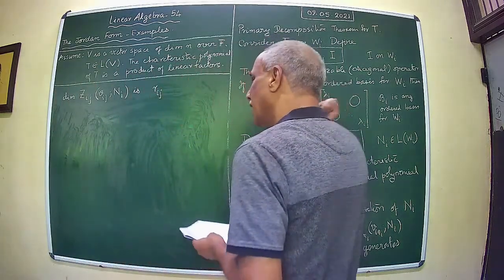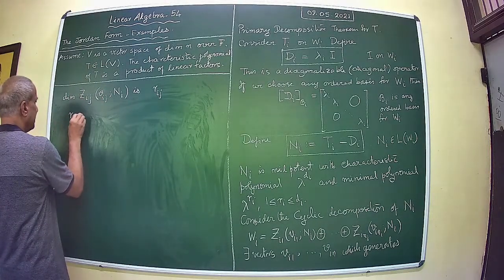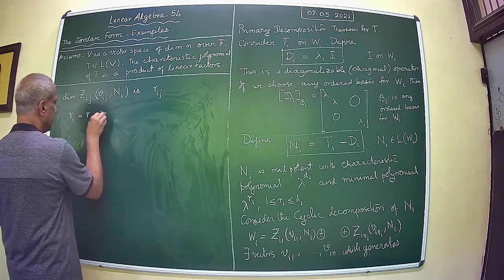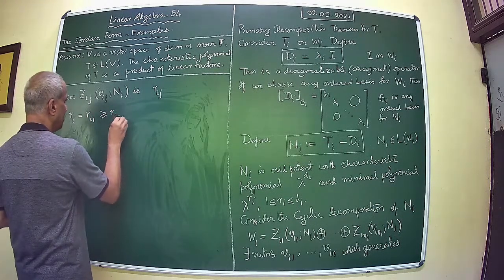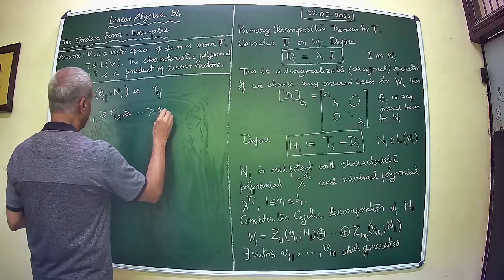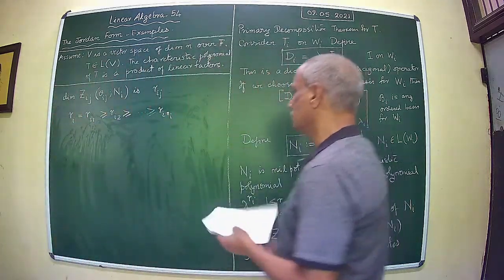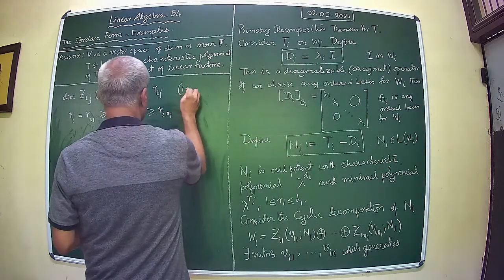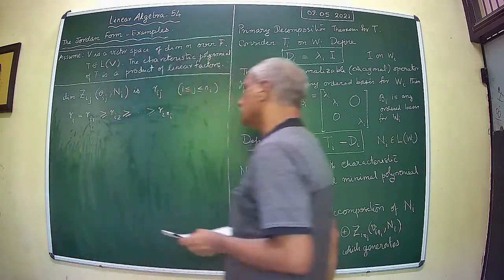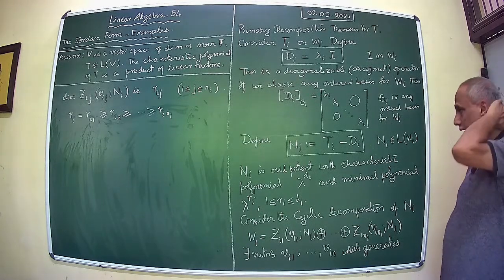With the property that Ri equals Ri1 is greater than or equal to Ri2, and so on, down to Rin.